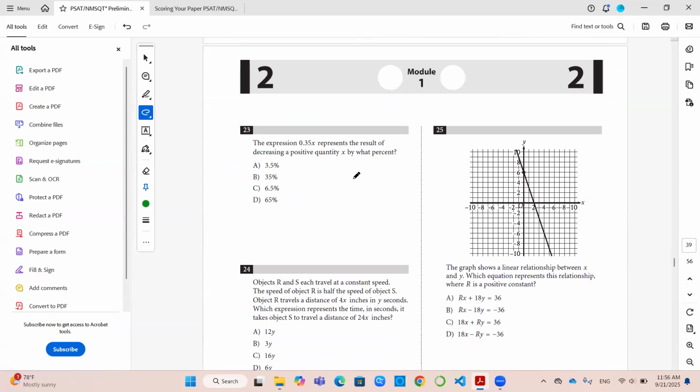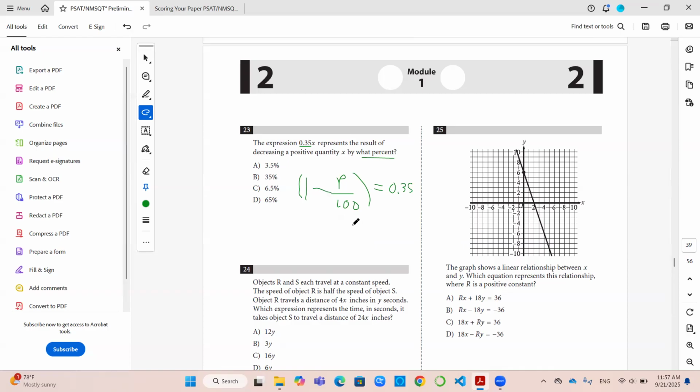The expression 0.35x represents the result of decreasing a positive quantity x by what percent? Be careful. It's not 35% because this is a trick here. When you say percentage decrease, don't forget this formula. So what this means here is that this is equal to 0.35.